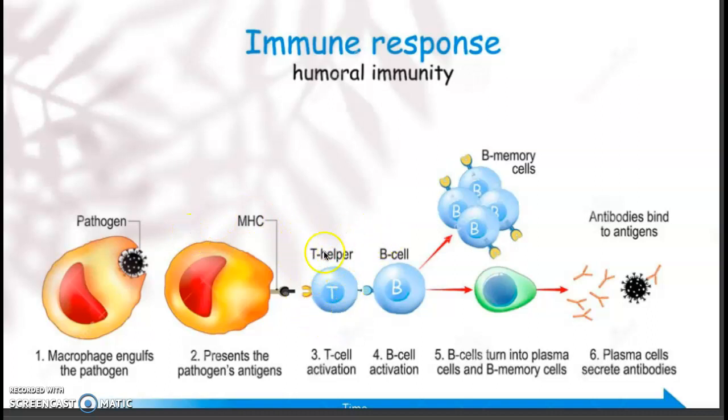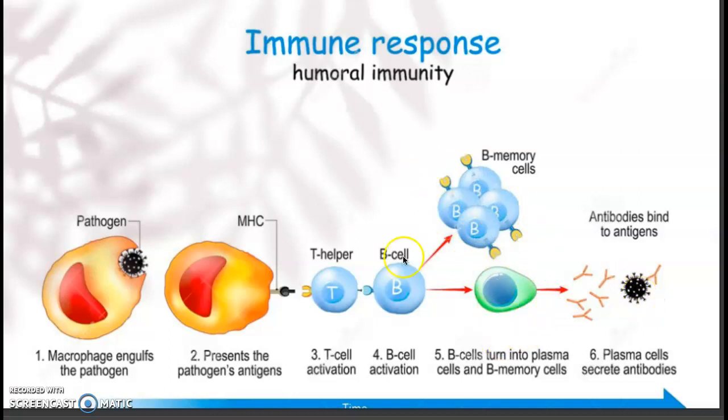T helper cells send this information to B cells. B cells, in response, turn into plasma cells and they form antibodies. One part of the B cells turns into B memory cells, which memorize the form of the antigen.